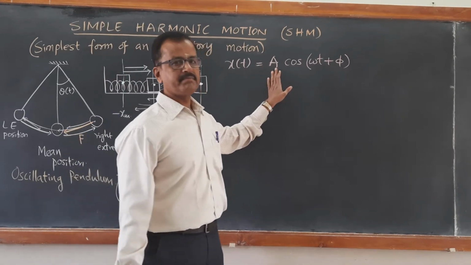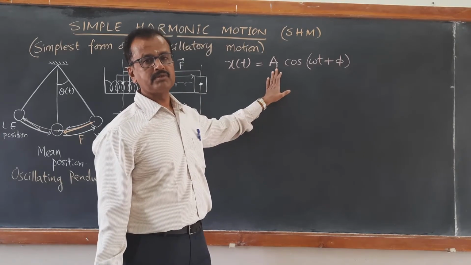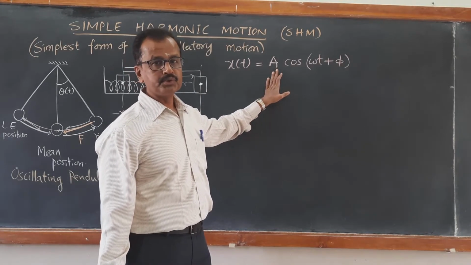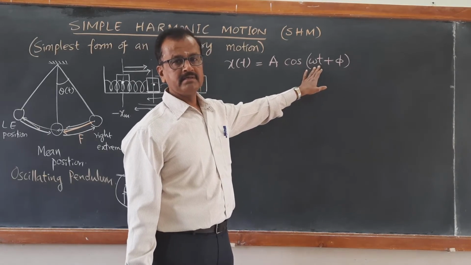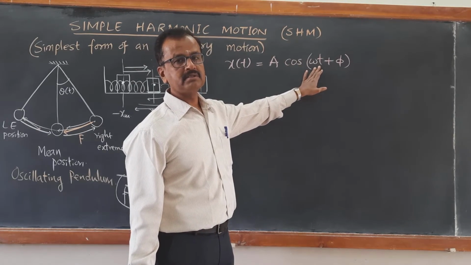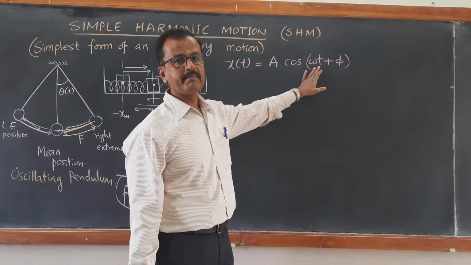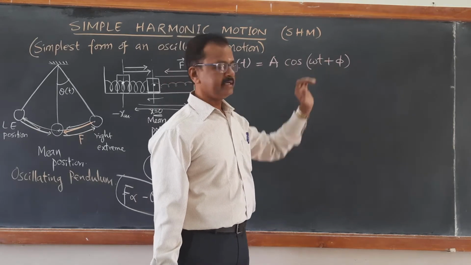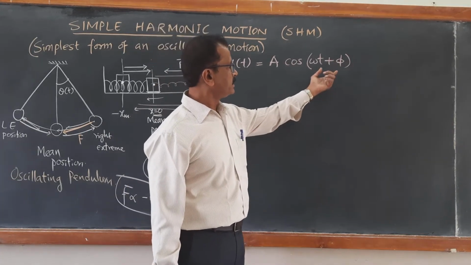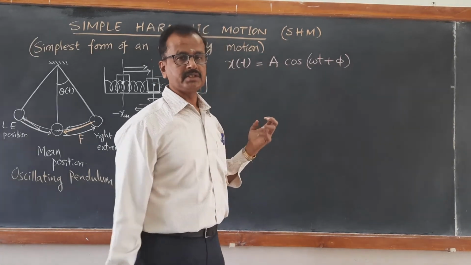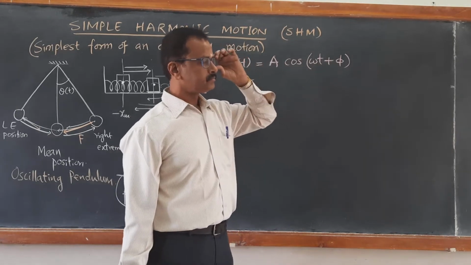A represents maximum displacement, which is called amplitude, and omega is angular frequency, which depends on the time period, 2 pi by T, and phi is called the phase constant, which is determined from the initial condition at time t equal to 0.